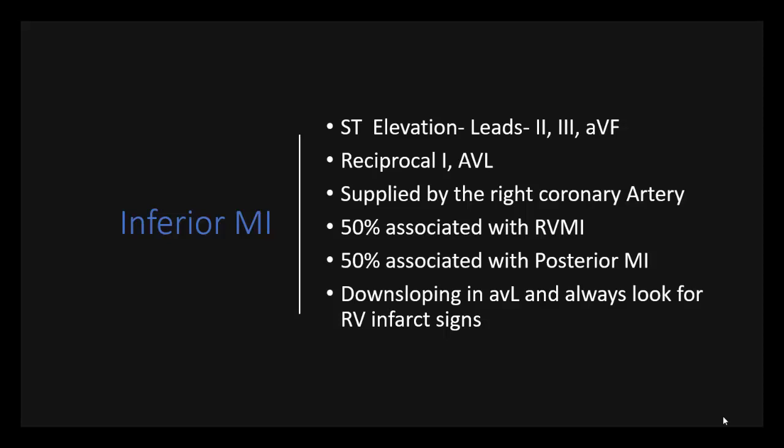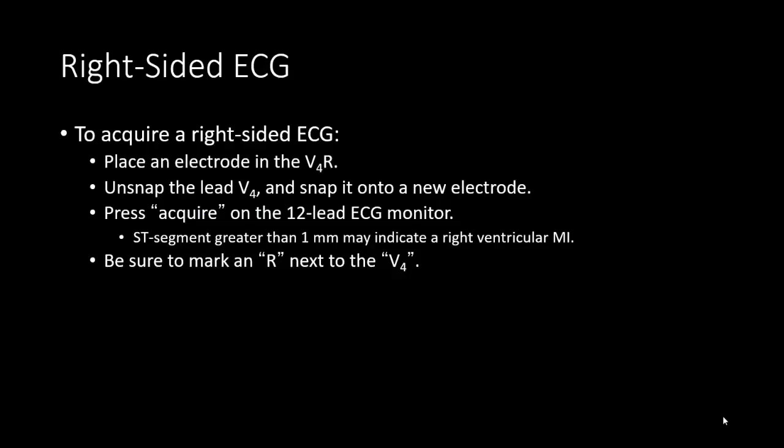Now, it is important to note that inferior MI is not an absolute contraindication for nitrates. You must confirm that there is right-sided involvement as well. So a quick and easy way to acquire the right-sided ECG, place the electrode in V4R, unsnap the lead V4 and snap it onto the new electrode, then press acquire.